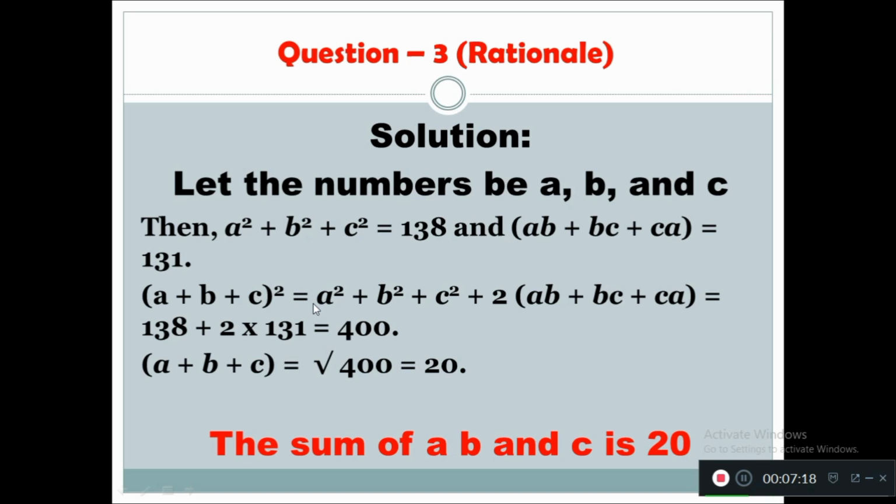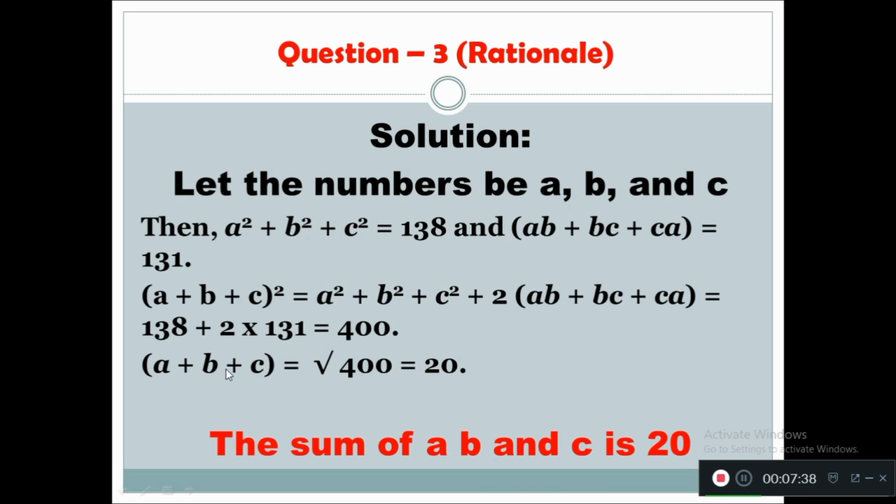And now what is the other thing? Now you are going to add 2, the 2 is here, and ab + bc + ca, which is 131. So that we are writing here. When you do the simplification, you will get 400.